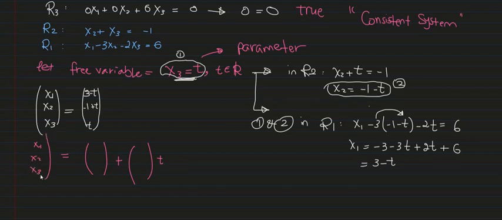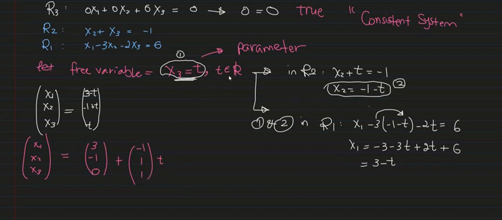Now we know that x1 is 3 minus t, so it's 3, and the t is multiplied by -1. And x2 is -1, plus 1 times t. And finally x3 has 0, plus 1 times t. This is the expected solution, which makes clear the type of solution.